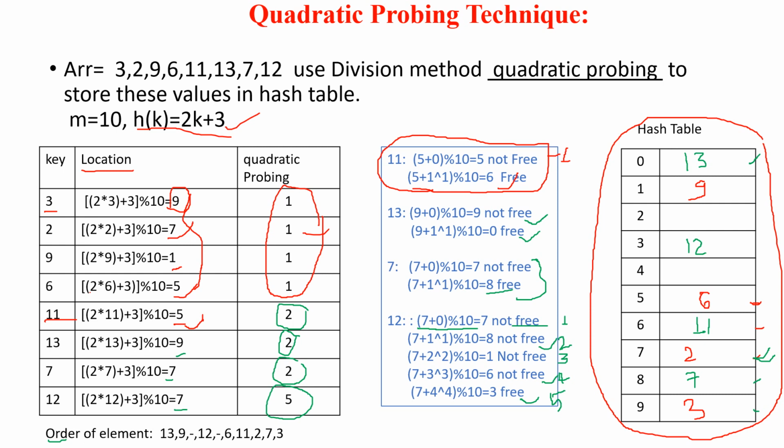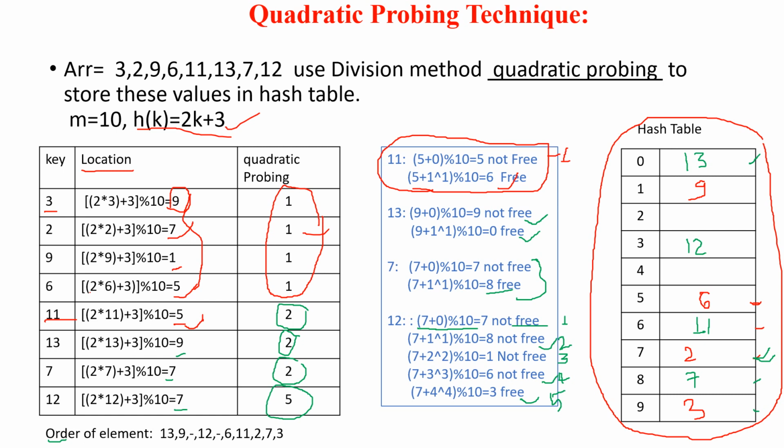Then 12. Then the fourth index is free, so simply put a dash or underscore. Then at the fifth index, 6 value. Sixth index, 11 value. Seventh index, 2 value. Eighth index, 7 value. And 10th index, 3 value.